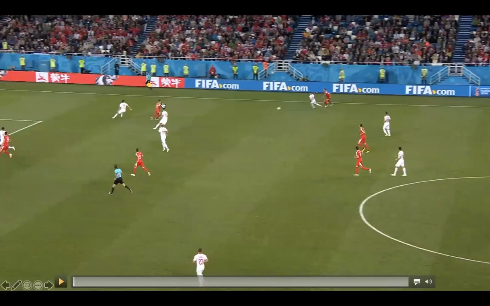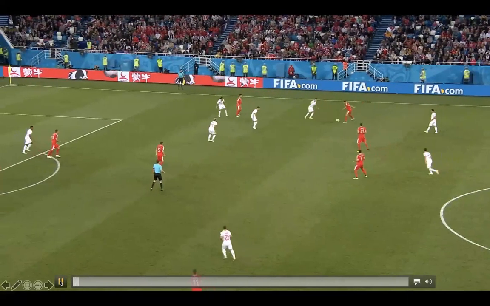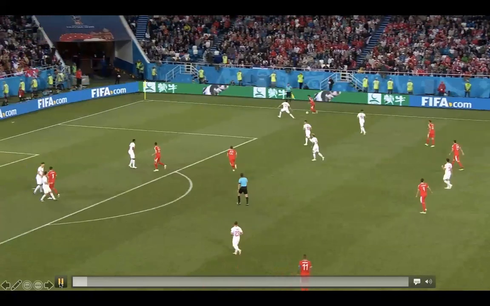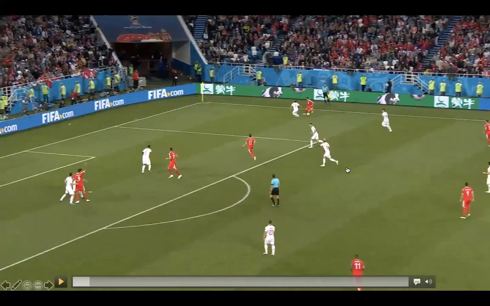The play is over here to the right. If the referee is over in this area now, as this play develops over on the right side of the field, ideally the referee would actually be over here, closer to where number 11 is right now. What that allows him to do, as play develops here, is be over behind basically where this player is. Now, this allows him a few things.